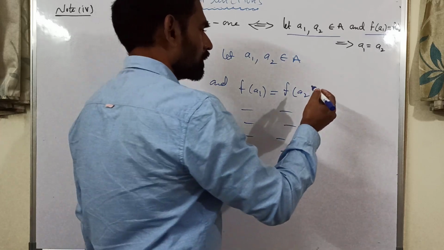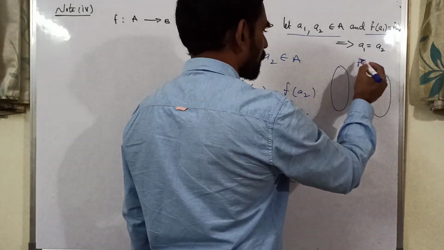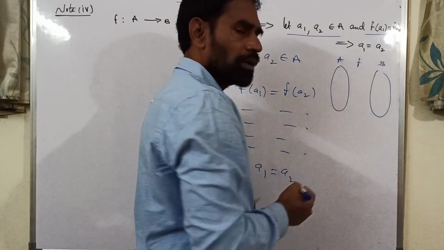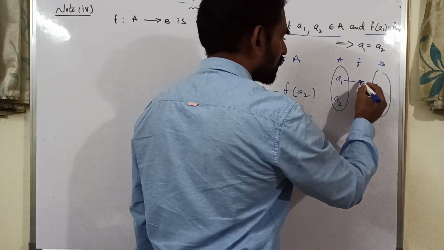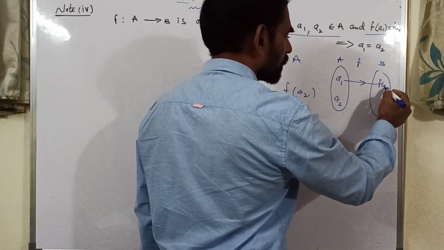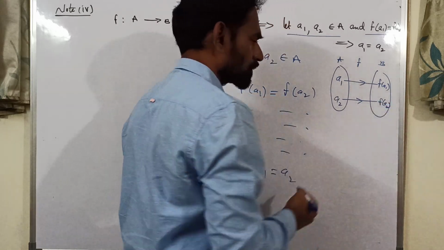See, for example, A1, A2. This is the diagram for understanding purposes. A, B. Elements I am taking here are A1, A2. Image of A1 with respect to f is f of A1. Image of A2 with respect to f is f of A2.